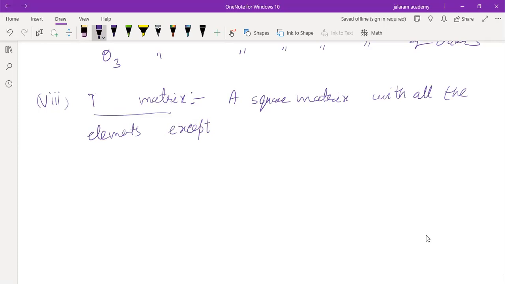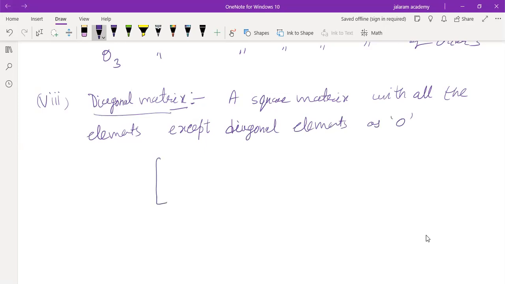This is diagonal matrix. First we will write about the diagonal matrix. Change the name. Diagonal matrix. A square matrix with all the elements except diagonal elements as 0.